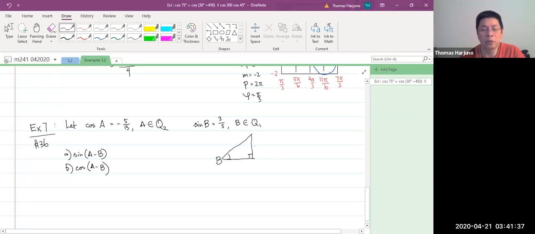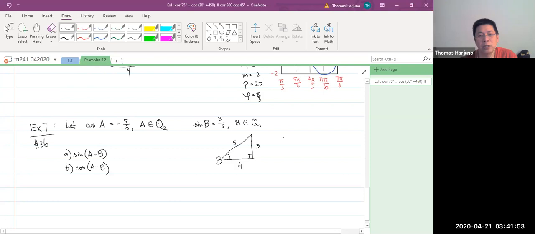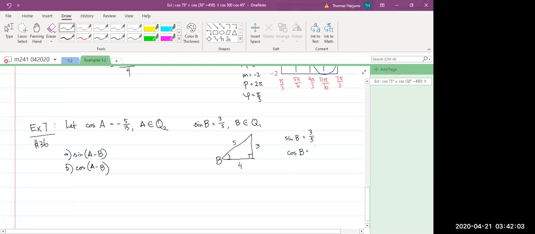So when I put the numbers on the sides of the triangle, the opposite is 3, the hypotenuse is 5. And in this triangle, what is the adjacent? 4. That's 4. From there you will see that yes, sine B is 3/5. How about cosine B? 4/5. That's right.